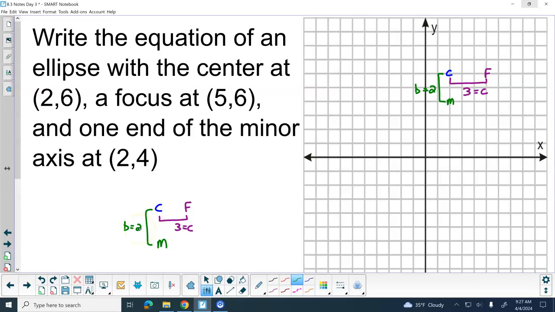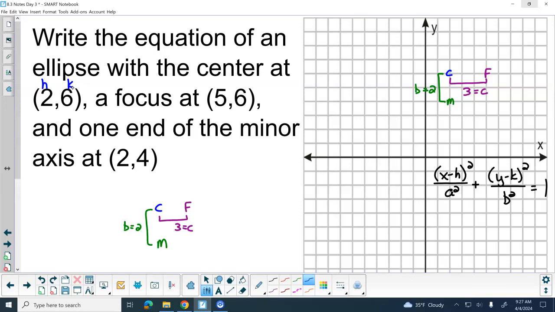Still trying to get it in that form. I have B, I have H, and I have K, right? Do I have an equation to get me A?